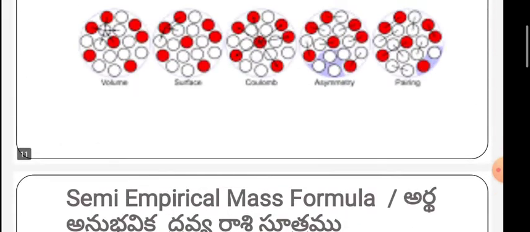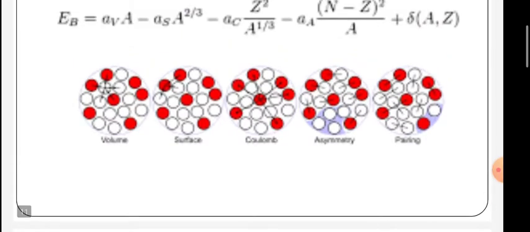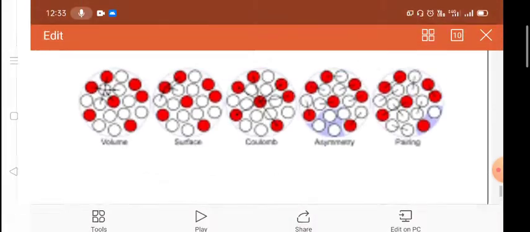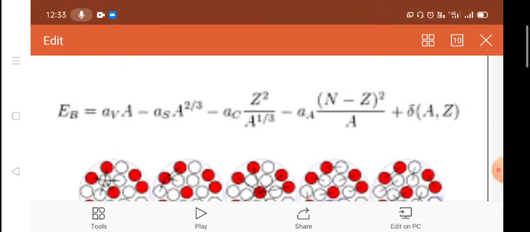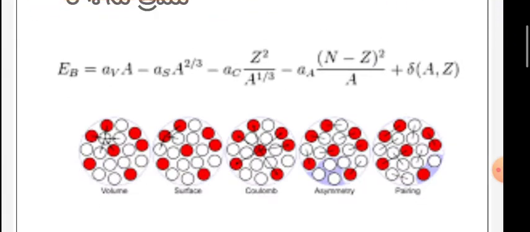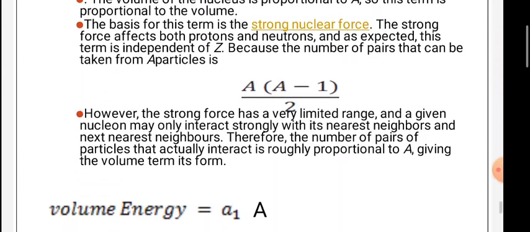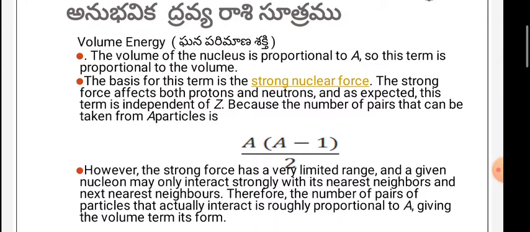That is, the total binding energy of the nucleus is contributed by all these five components, among which some are associated with increasing the binding energy, while some are associated with decreasing the binding energy. That is, some terms are positive whereas some are negative.